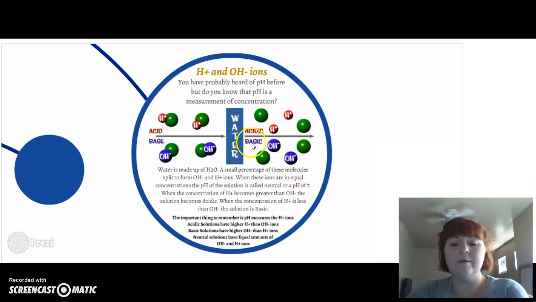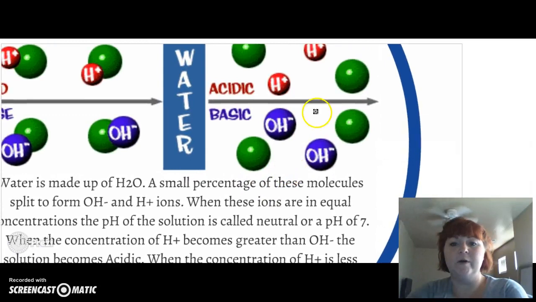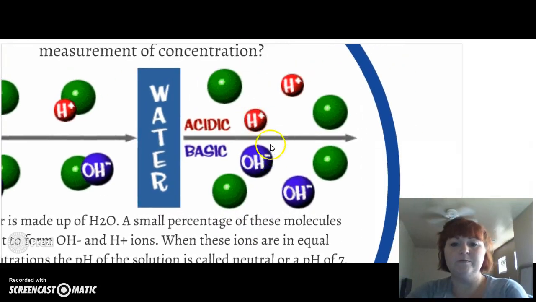And in the reverse, a basic solution is going to have a higher concentration of hydroniums than the hydrogen ions. So, if we look at these two ions together, H plus and OH minus, we have a water molecule.